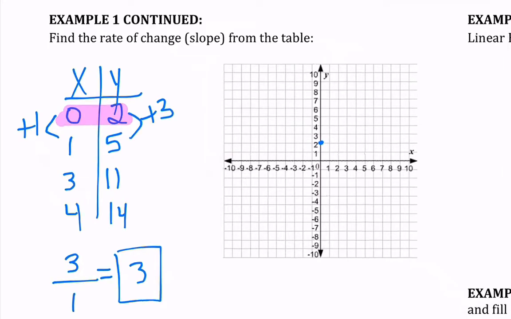Okay, so how do I move to my next point? Remember how we said slope is like rise over run? Notice when it's in fraction form, 3 over 1, that means I'm going to rise 3 from my starting point, run 1. So from here, I'm going to rise 3, 1, 2, 3, run 1, and put a new dot.